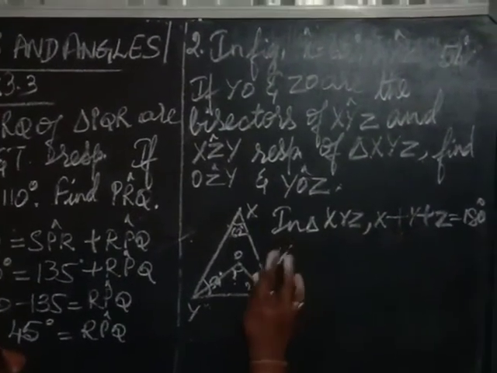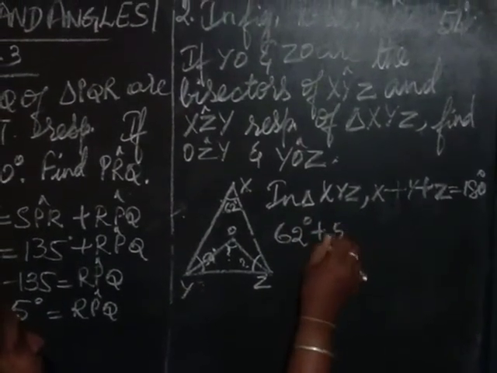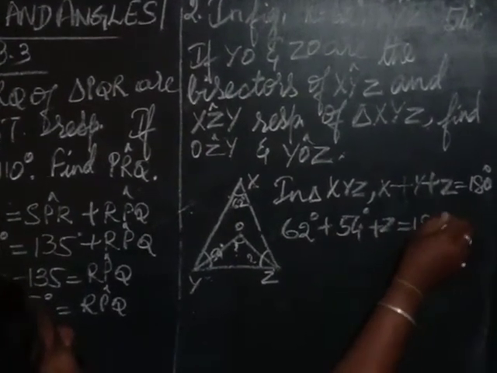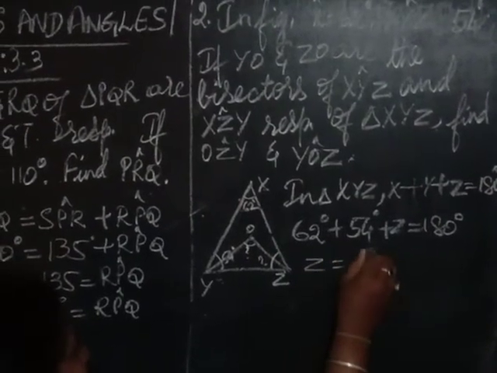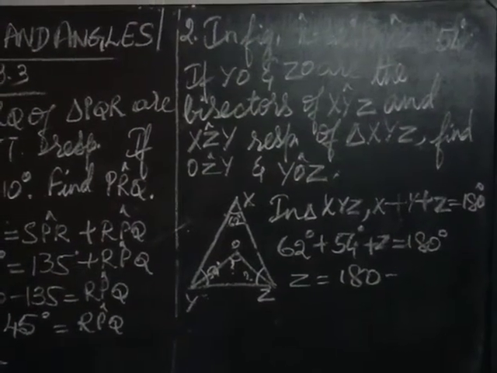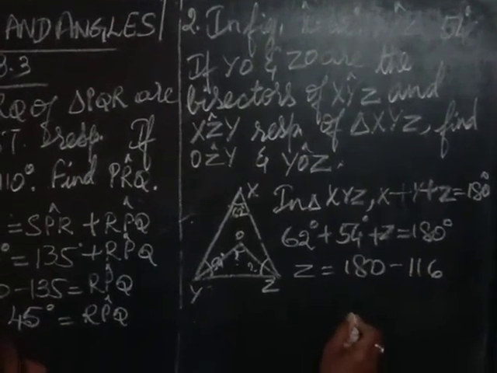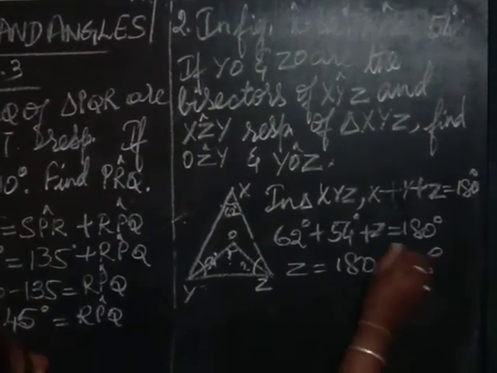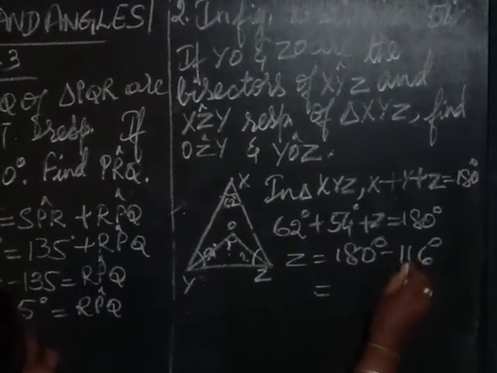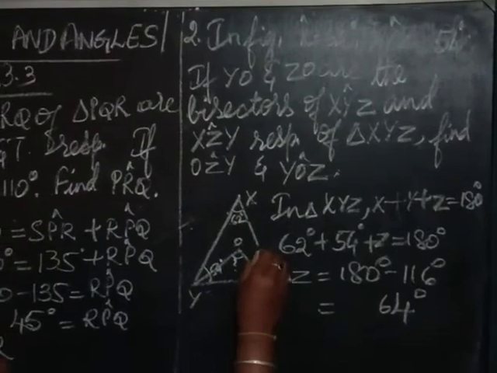X is 62 degree plus Y is 54 degree plus Z, which we have to find out, is equal to 180 degree. Now Z is equal to 180 minus 116, that is 64 degree. This is what you got.